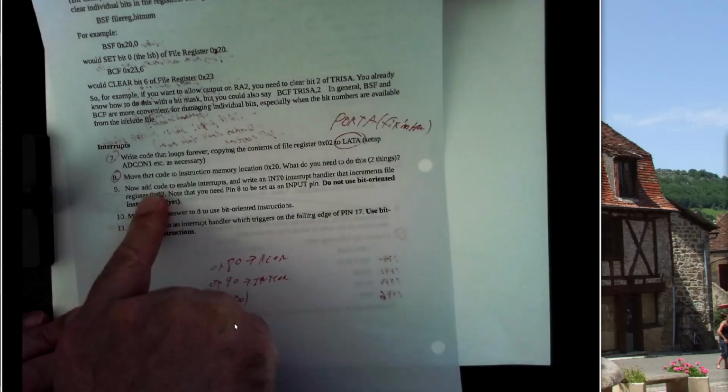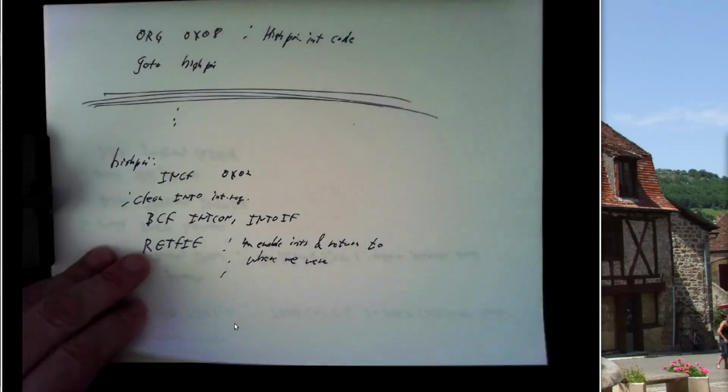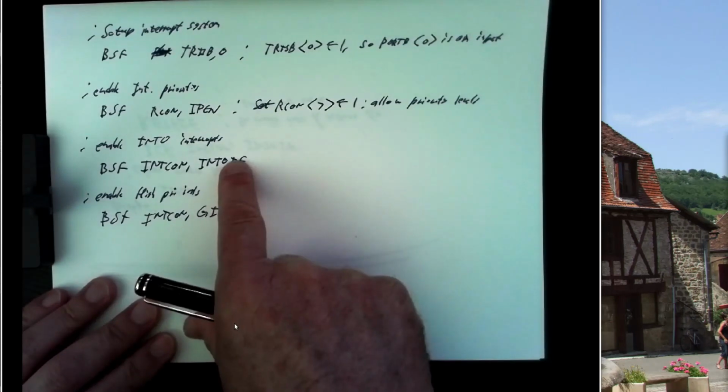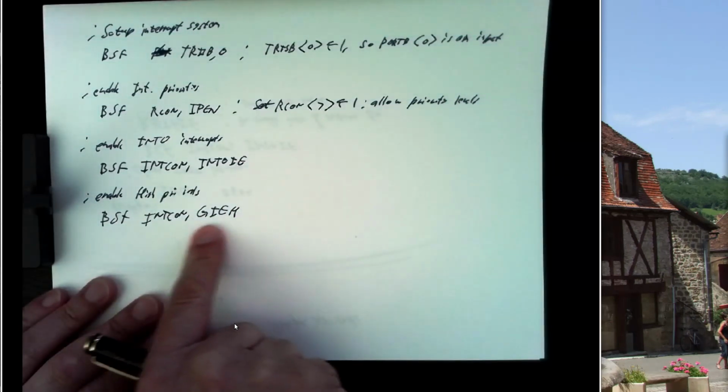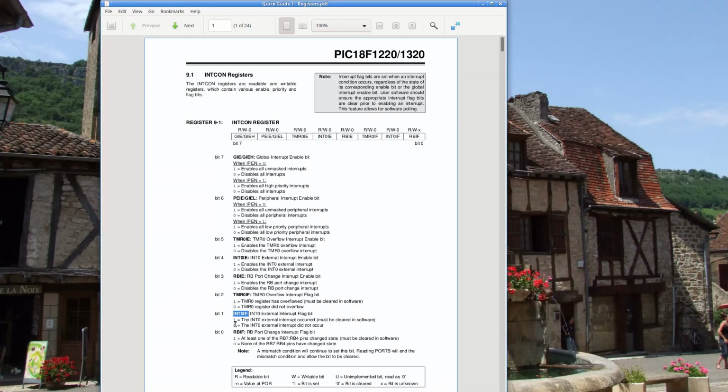And the suggestion for 9 was to not use bit-oriented instructions. So if we wanted to set INTCON, for example, to have INT0IE and GIEH both turned on to 1, what we would need to do is look at the INTCON register and say, okay, we want a 1 here and we want a 1 here.